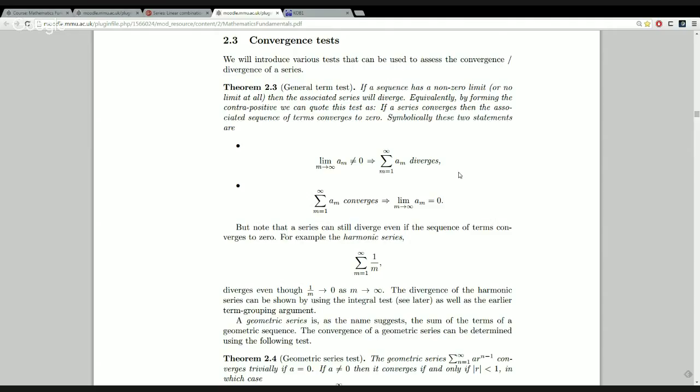AK is the thing you add on at stage k. Here's the kth partial sum, the sum of the first k terms. This is the k minus 1th partial sum, the sum of the first k minus 1 terms. This sum on the right is almost the same as the sum on the left. They only differ in one term, and that's that this one has the extra term AK added on. So AK is the last thing you add on to this sum, and all the other terms are contained in this one. So when you subtract them away, you're just left with AK.